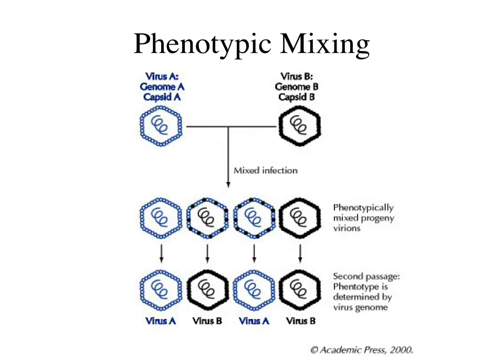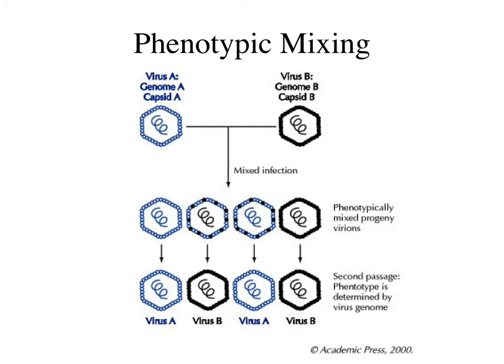Here's an example of a phenotypic mixing experiment. You take two very closely related viruses. Virus A is indicated by blue, virus B is indicated by black. And you have the capsid proteins of each virus and you have the genome. Because these are two very closely related viruses, if you co-infect a cell with both viruses simultaneously, you can get a mixed infection.